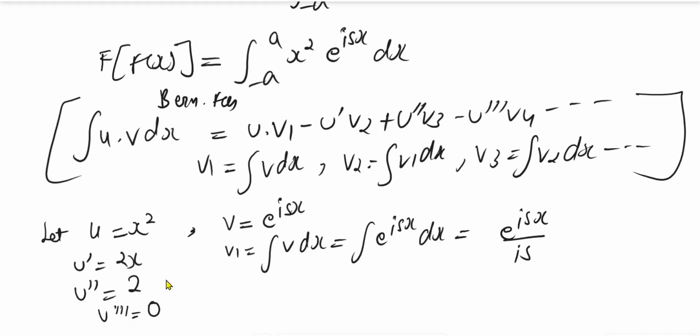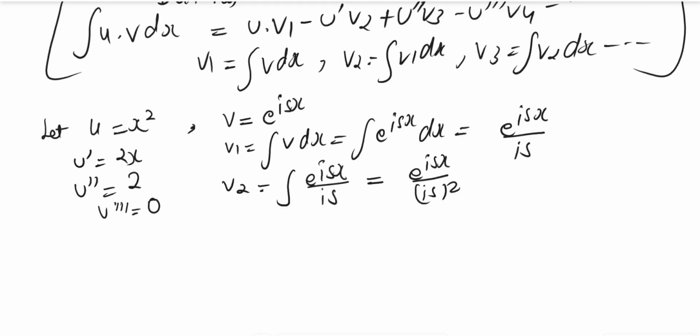Now u triple dash is 0, so we need not find v4 and later terms. We only need v1, v2 and v3, in which v1 is e raised to the power iota sx divided by iota s. v2 is equal to integration of v1, that is e raised to the power iota sx divided by iota s whole square, which is equal to minus e raised to the power iota sx divided by s square, since iota square is equal to minus 1.